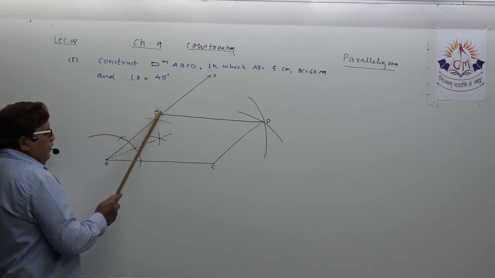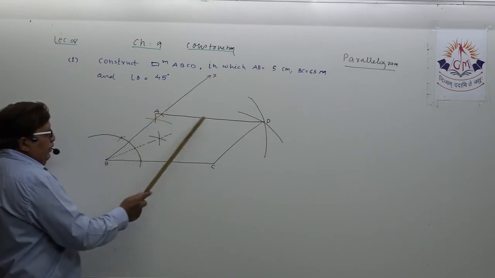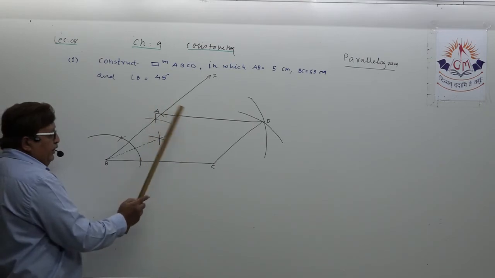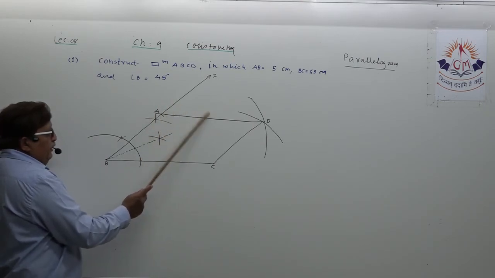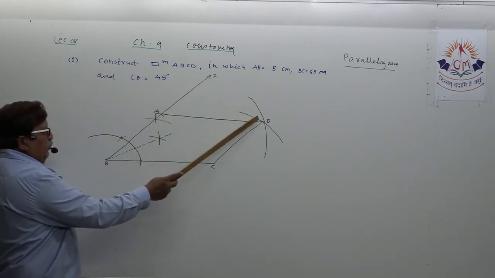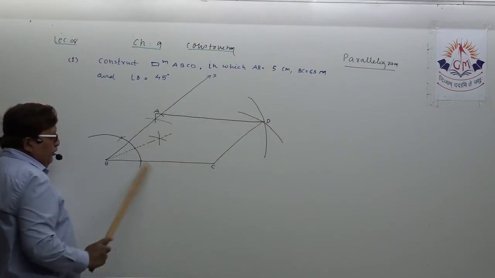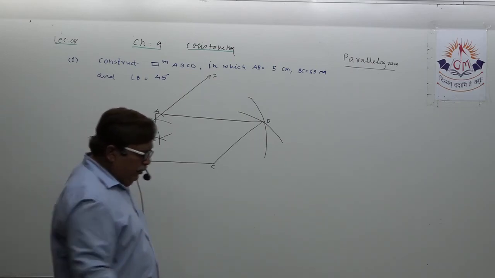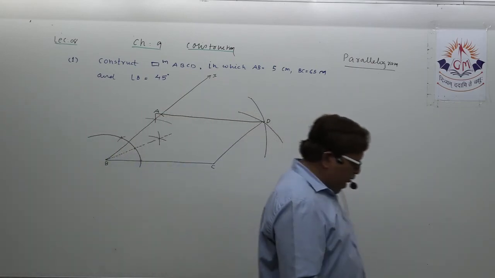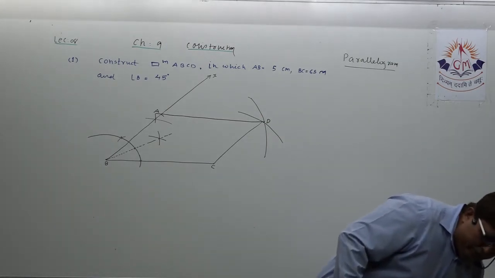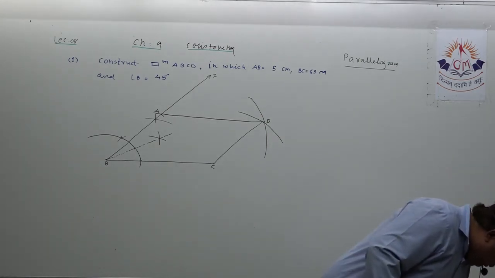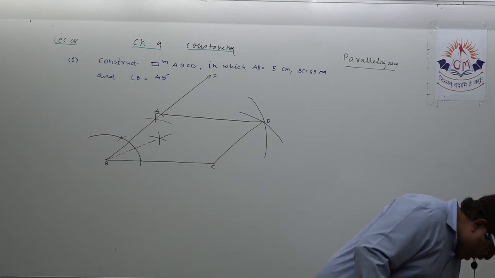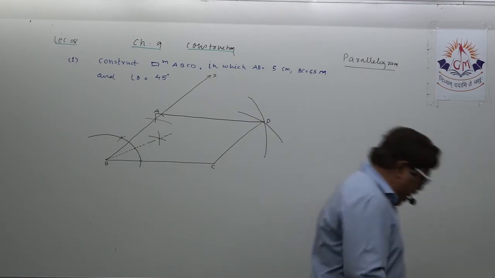Then centering the compass at A, taking a radius of 6.5 centimeter because opposite sides are equal, another arc. Both arcs intersect here at point D. And this way the construction of the parallelogram is over. First just remind yourself of it in your mind before we start writing the steps of construction.